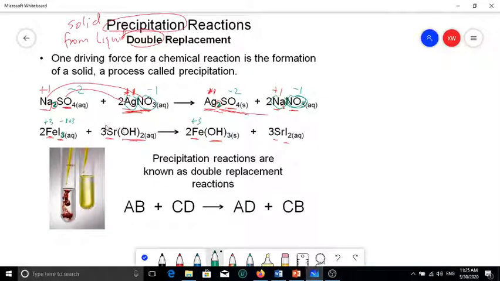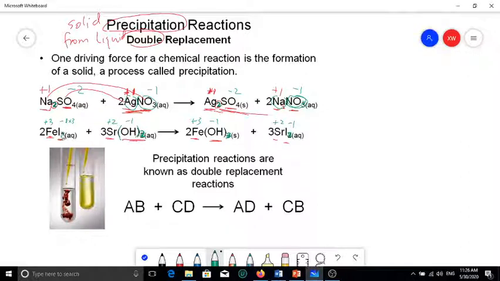Strontium here is group 2, a type 1 metal, with positive 2 charge. Hydroxide is negative 1, that's why there are 2 hydroxides. Now over here, since iron is positive 3, hydroxide needs the number 3. It's negative 1 each. And strontium is positive 2 and iodide is negative 1, so there's still 2 down here.